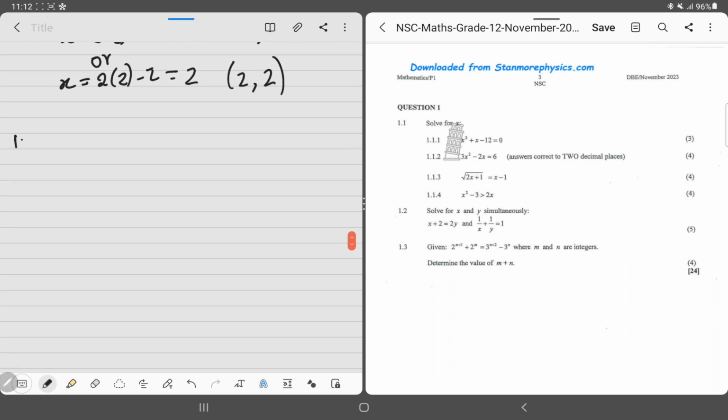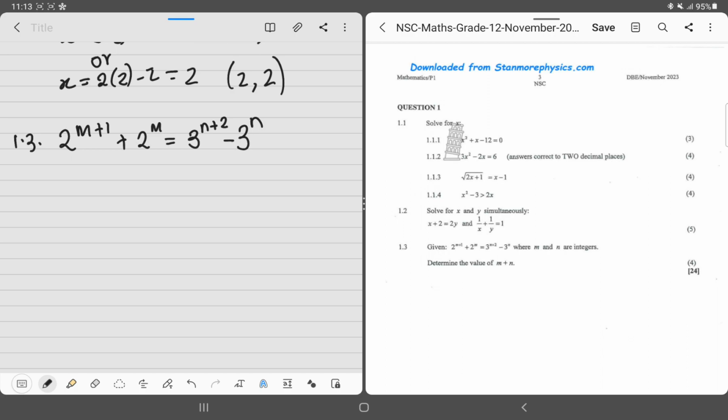1.3. So 2 to the m plus 1 plus 2 to the m plus 2 should be equal to 3 to the n plus 2 minus 3 to the n. So here we need to apply the laws of exponents.